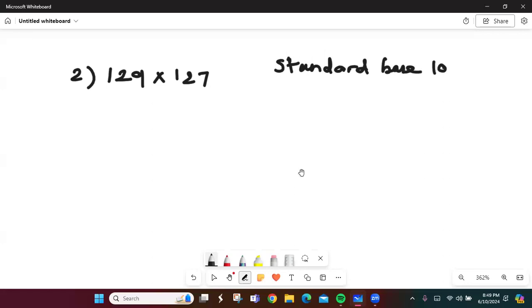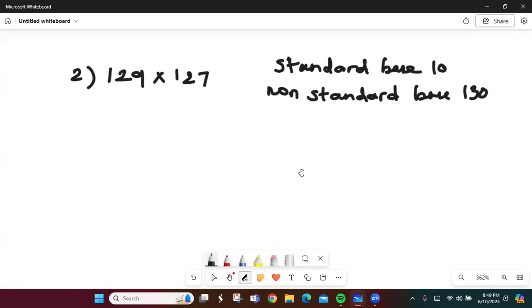Now select a multiple of 10 that is closer to both 129 and 127, which I can take as 130. And hence I will take the non-standard base as 130.